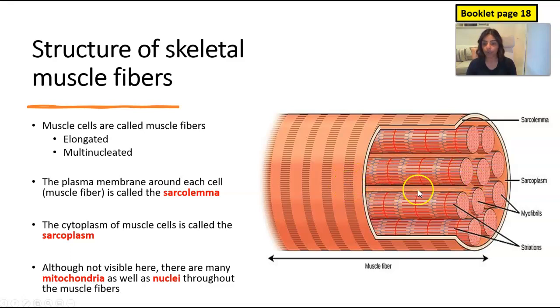So therefore, within the muscle fiber, there are many mitochondria as well as the nuclei. So just to recap, this image here is showing one muscle fiber, which is a skeletal muscle cell. The membrane is the sarcolemma, and the cytoplasm is the sarcoplasm.